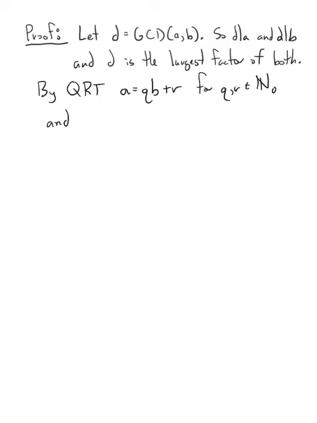And R is a remainder, so I better tell you that it's for sure less than B, strictly less, and it's greater than or equal to 0. It's some remainder. Okay.